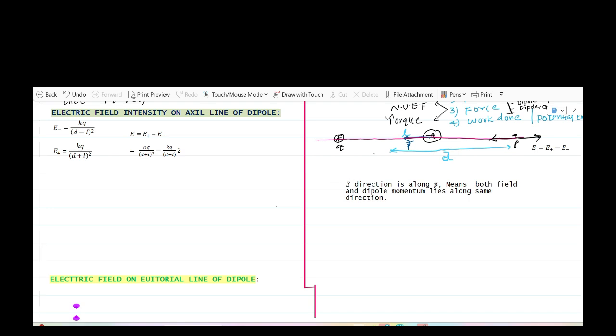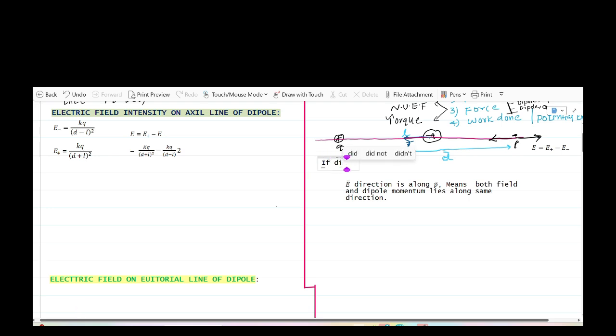That means, based on the dipole moment, if the dipole moment is 0, that means the center of positive charge and the center of negative charge lie in the same place.